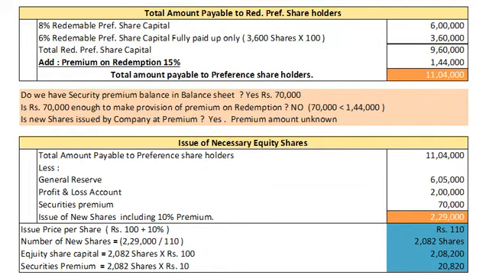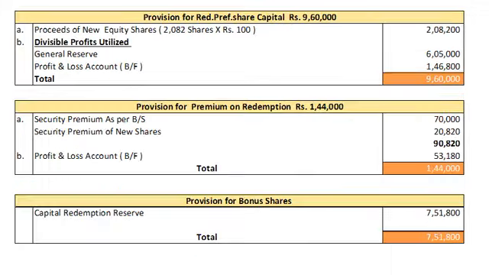Now we will make provision for redeemable preference share capital and premium on redemption. Here is the provision for redeemable preference share capital, amount rupees 9 lakh 60,000. Let us see how the provision is made. First we took proceeds of new shares, that is already done, 2,082 shares of rupees 100 each, amount 2,08,200.